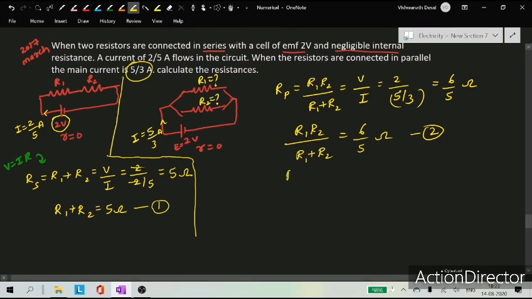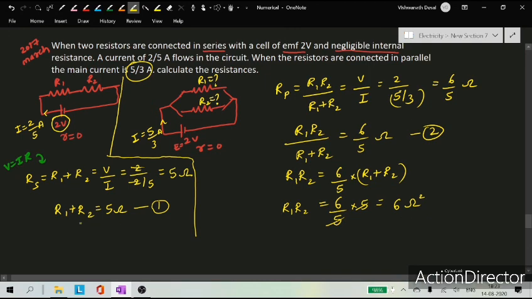So R1 R2 divided by R1 plus R2 is equal to 6 divided by 5 as it is. But do you know R1 plus R2? Yes, from equation 1 it is 5. So you will get 6 ohm square, because it is R1 into R2. No need to write the unit over here, but that is ohm square. So R1 R2 is equal to 6.